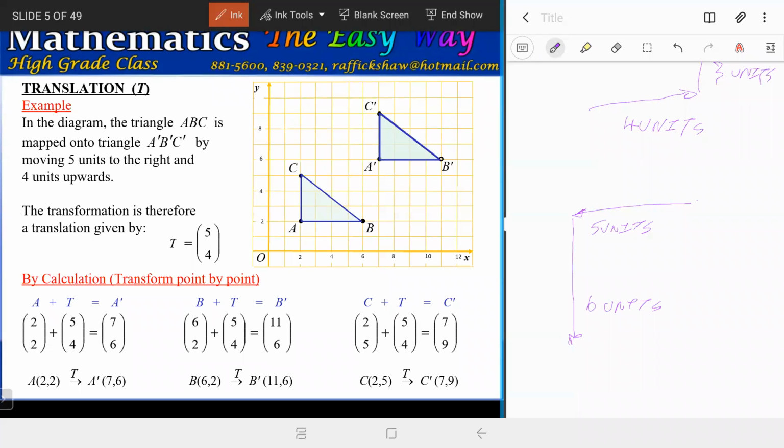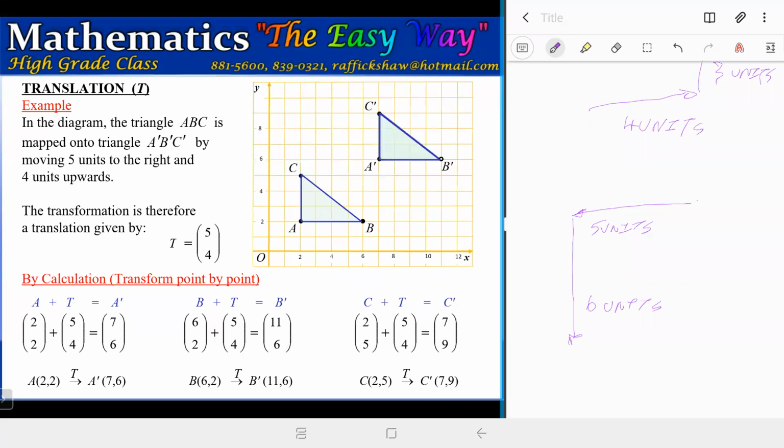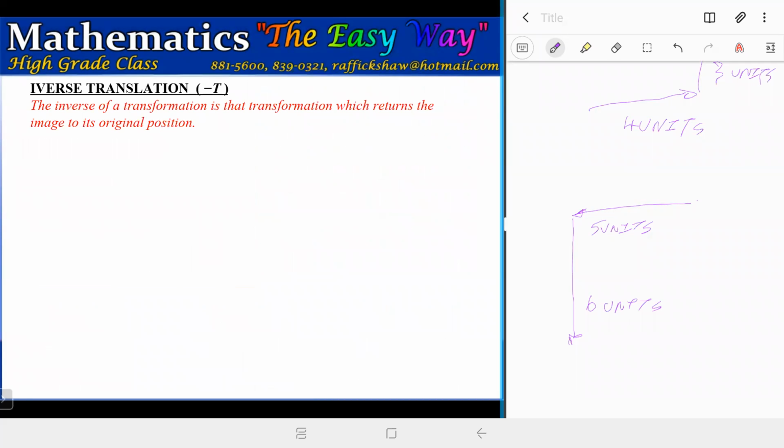Very good. You're just reversing what you did. So you're coming back and you're going back down. Simple as that. You're going back 5 and coming back down 4. So the inverse of a translation is a negative translation. This one is common sense, so I don't even want to spend too much time on that. You're just going to subtract.